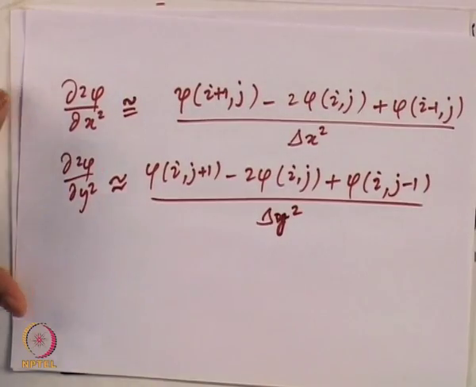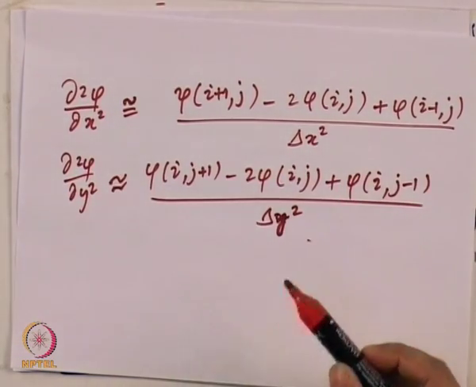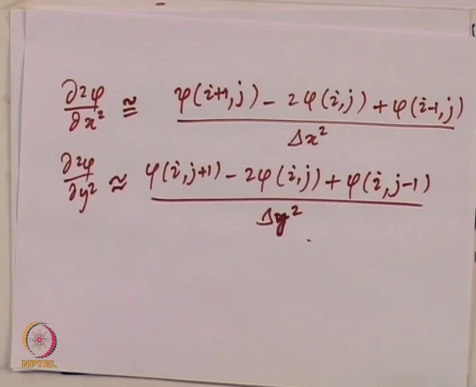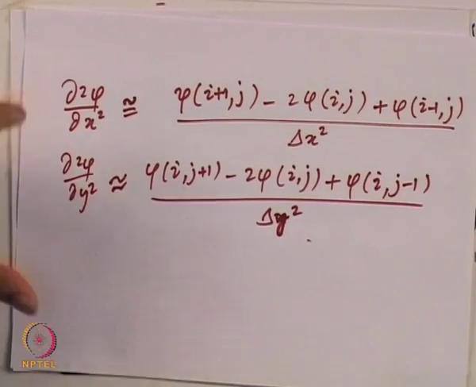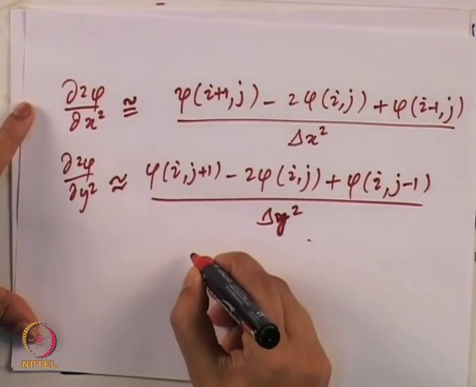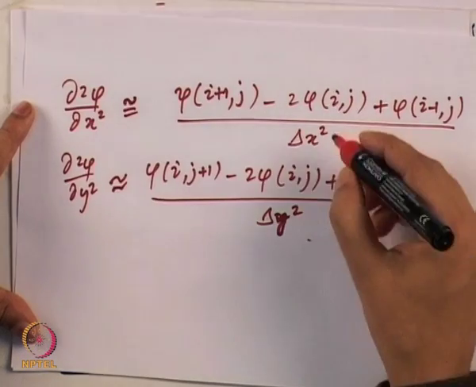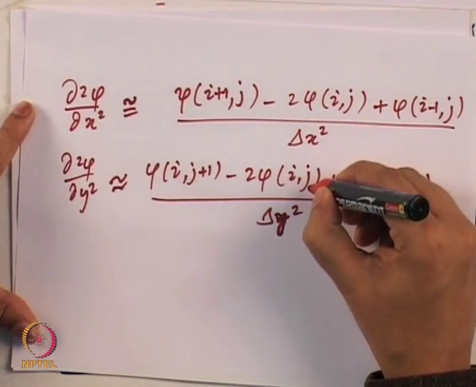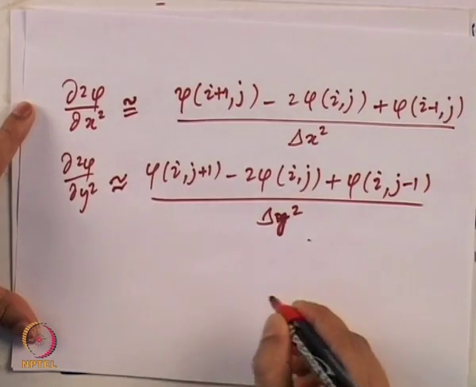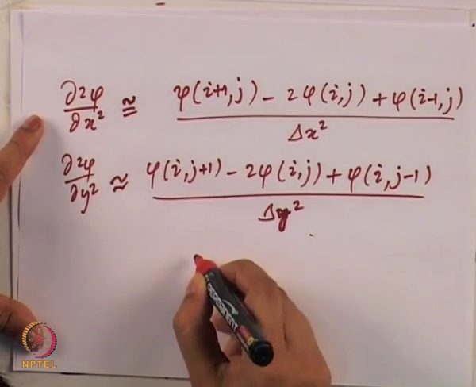So this is del x square and we have del y square, and putting this together what we will get is the 5-point differencing method, where we are using the stencil to compute the value at i comma j based on neighboring points. So we can write them in this form.